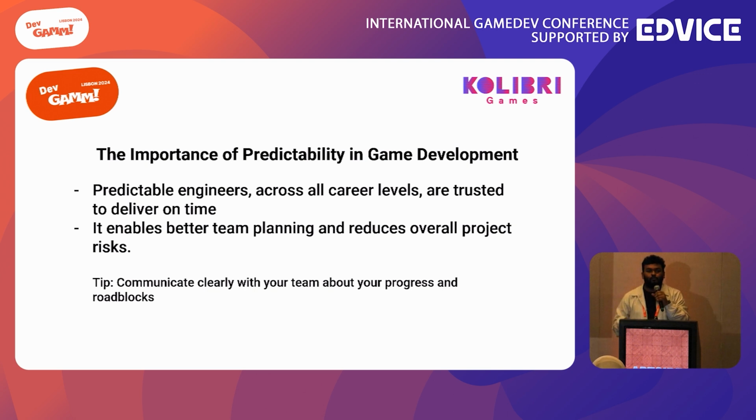Everyone feels comfortable working with you because you are predictable. You don't shut down your game servers in the middle of the day and run and scream to managers, hey, I messed up, 10,000 players were there and I turned off a game server, help me. You don't end up in that position because you are predictable.